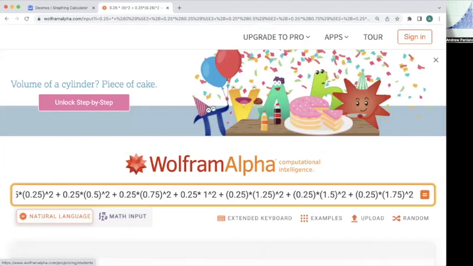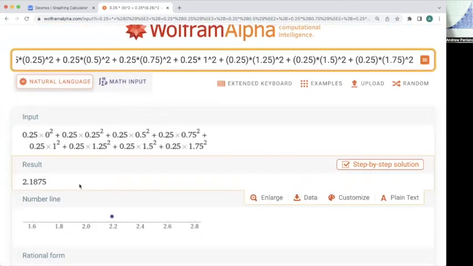And I get that the approximation here is 2.1875.